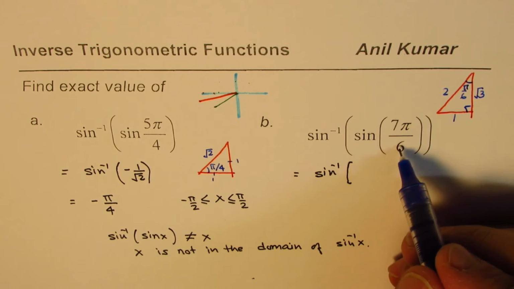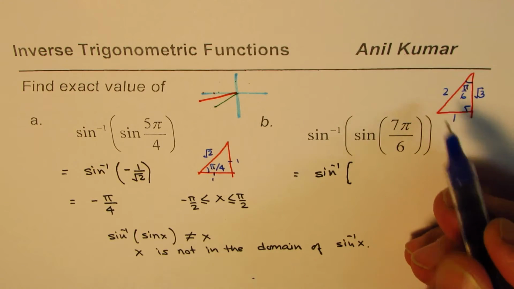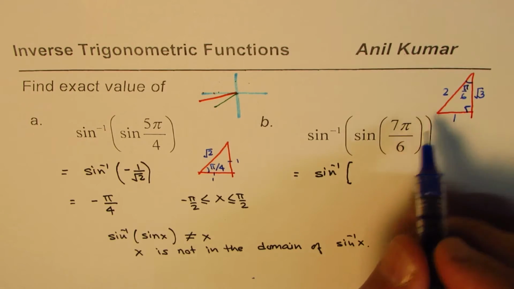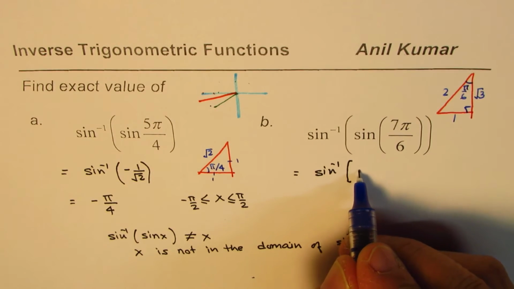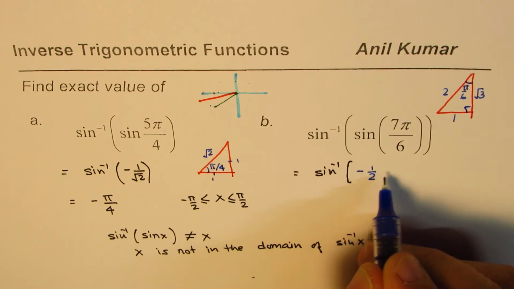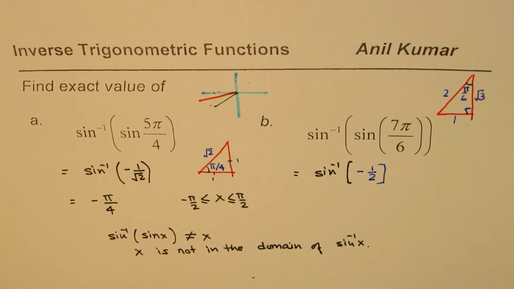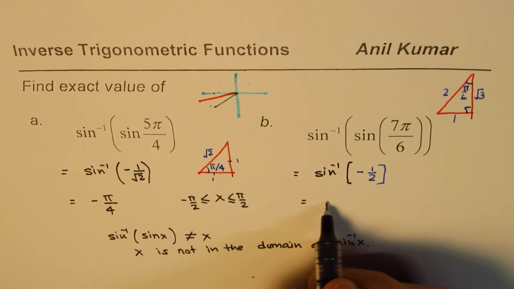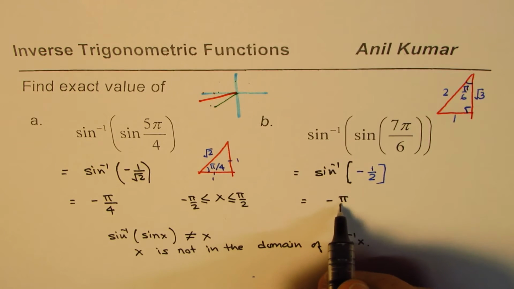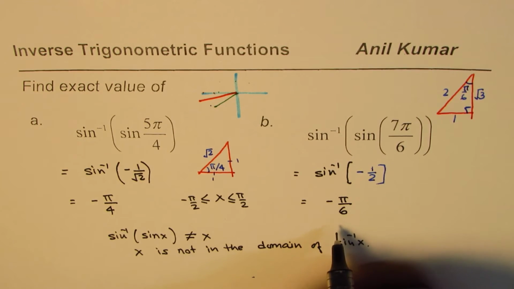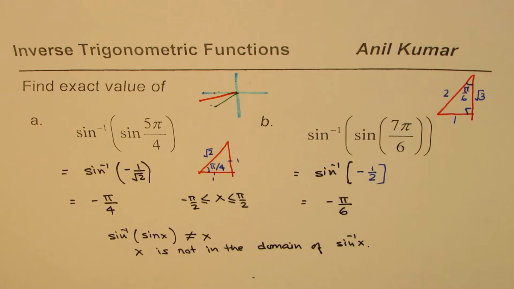So for 7 pi by 6 it will be 1 over 2, but negative since you are in quadrant 3. So this is negative half. Sine inverse of negative half is going to be minus pi by 6, right?